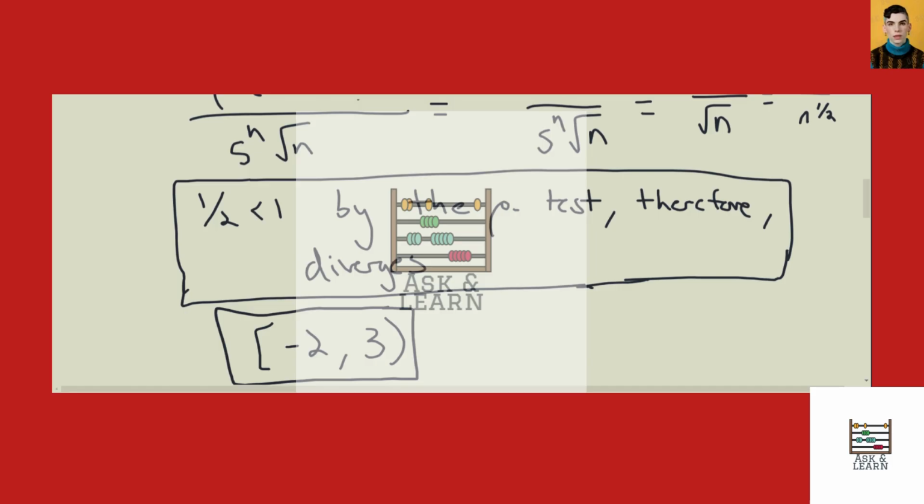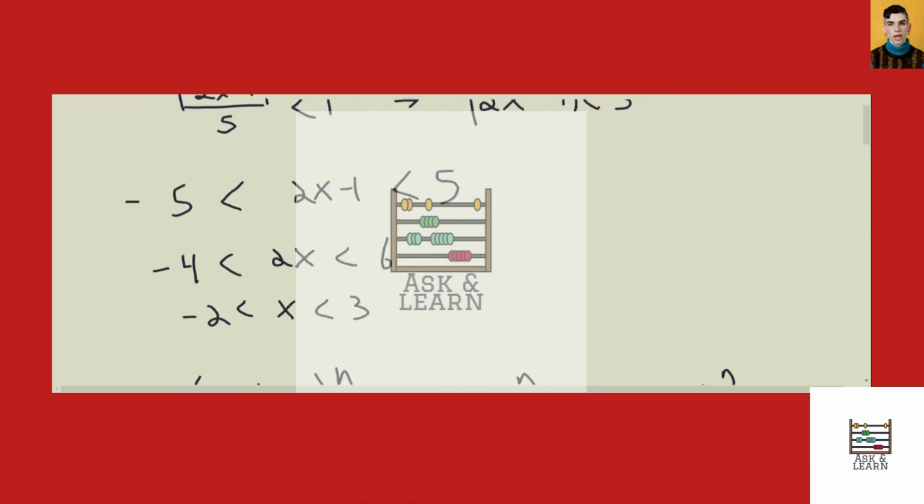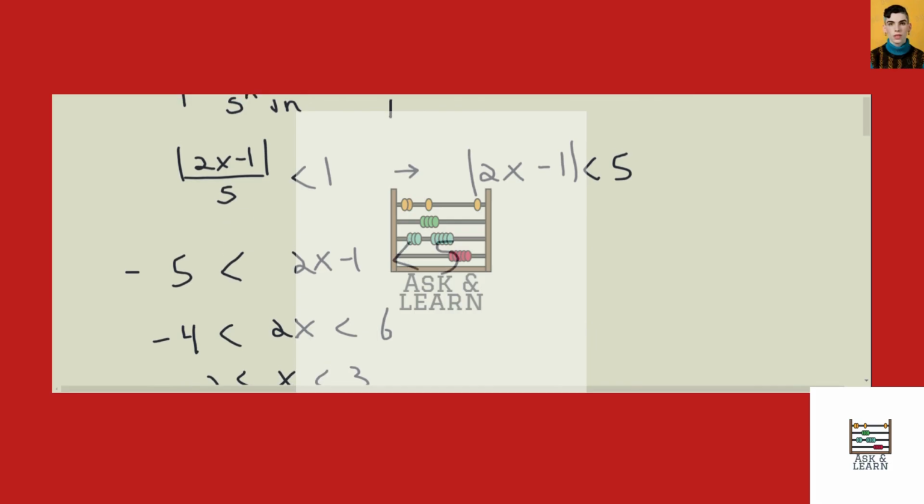All right, and then the radius of convergence can be found by taking our ratio test, and we know that it occurs when this here is less than 1. So we have 2x minus 1 is less than 5.